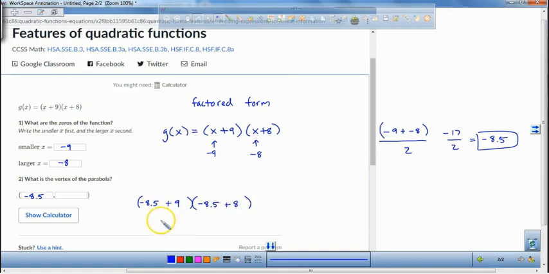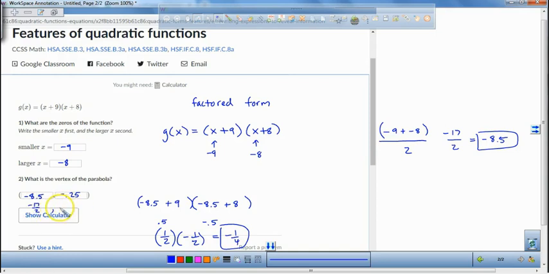All right, and so all we're going to do is we're going to get a positive half, and then we're going to end up getting a negative half when we add those together, and then we're going to multiply a positive half times a negative half, and we get negative 1/4, which is negative 0.25.